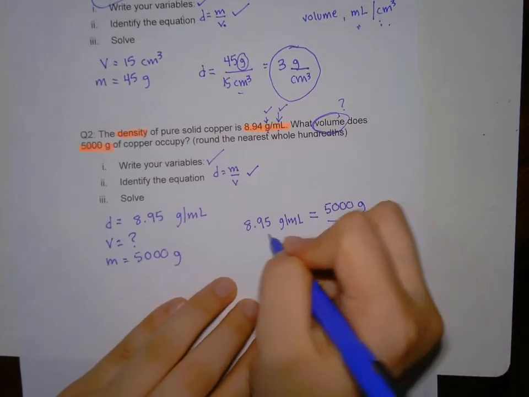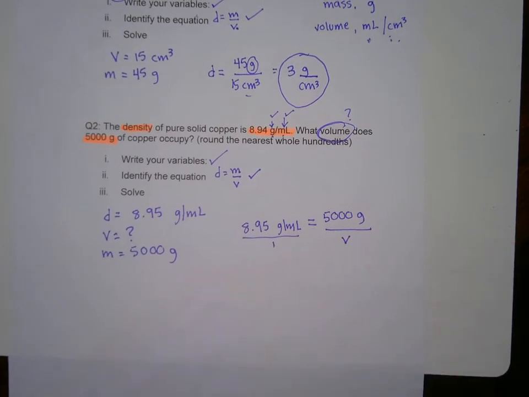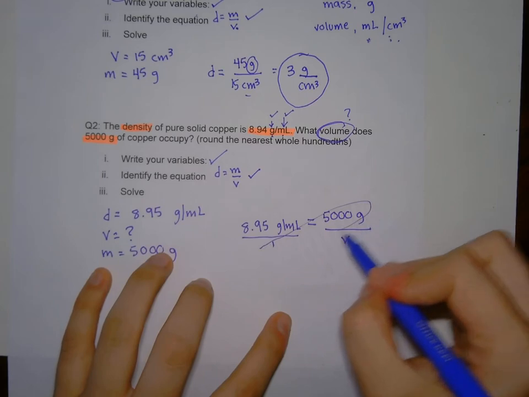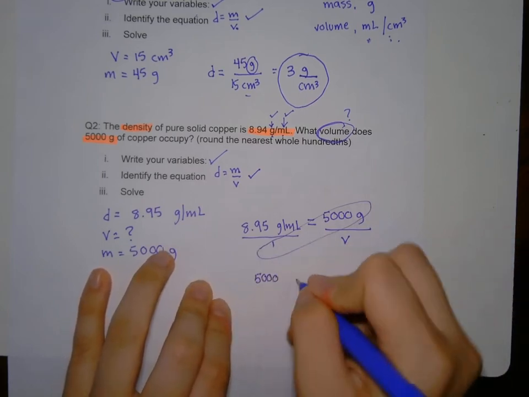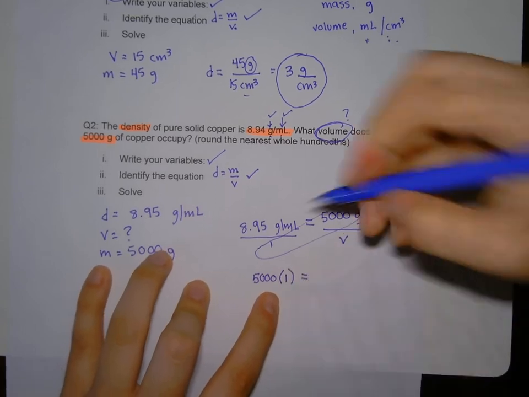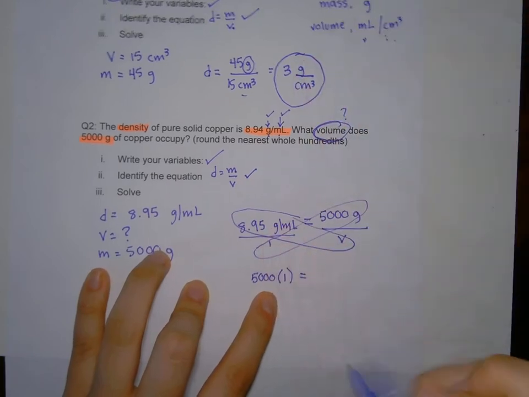So now you have to solve for the variable. How I learned to solve for these types of equations is butterfly style. So I'm going to multiply this wing of the butterfly. So 5,000 times 1 is equal to this wing of my butterfly. You see it's a pretty little butterfly?